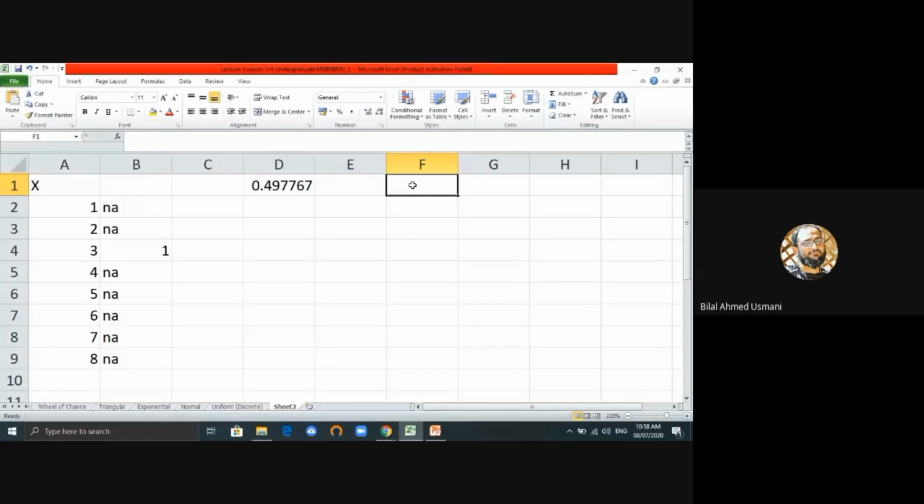So group size, if I write down the count, 1, 2, 3, I'm looking at the first 10.